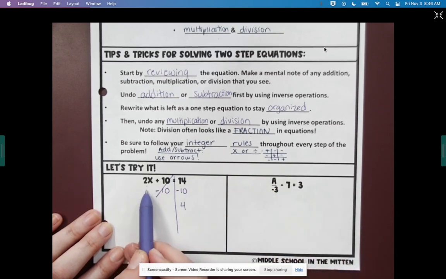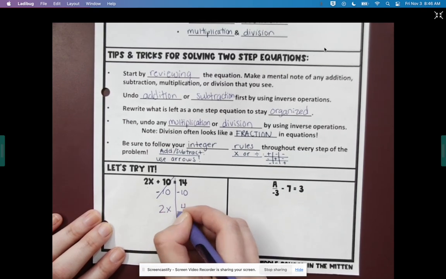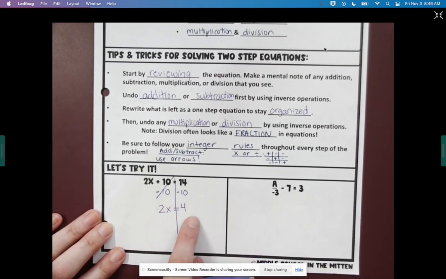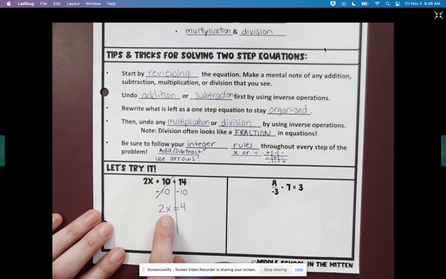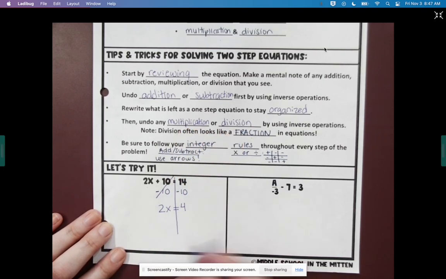And I'm going to bring down whatever I have left from my original equation and rewrite it as now a one-step equation. Now my equation is 2 times x equals 4. Remember, your coefficient is what you multiply that variable by. So this is a multiplication problem. To undo multiplication, we just need to use the inverse operation, division.